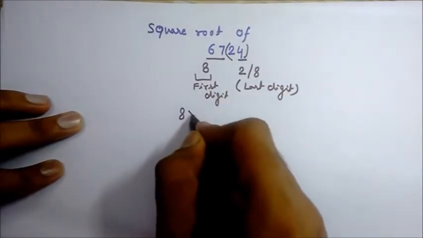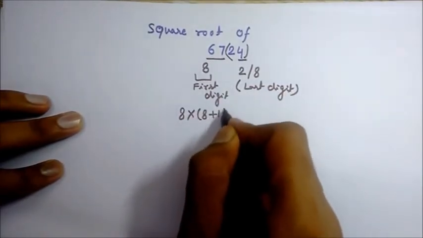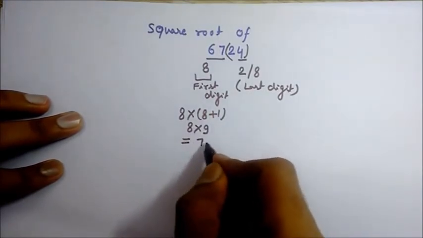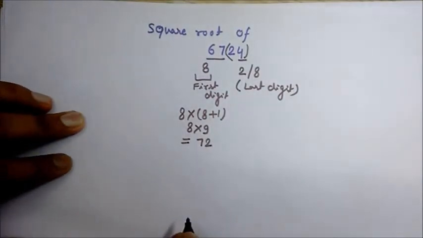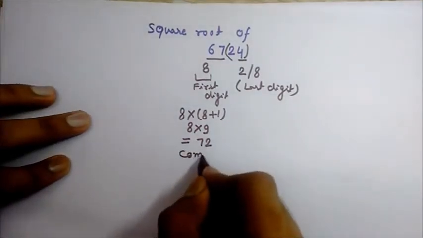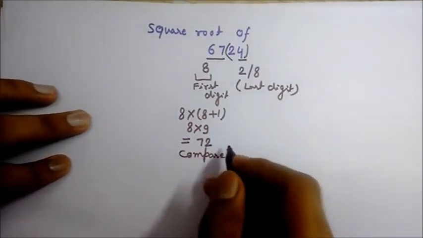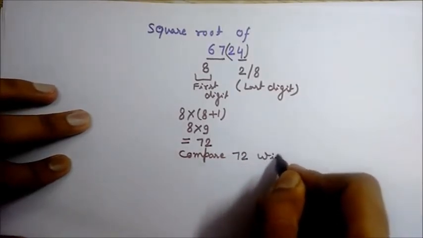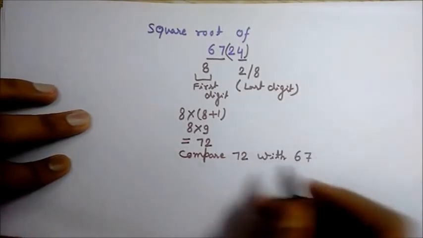Now perform 8 into 8 plus 1, that is 8 into 9, so it comes out to be 72. Now compare this 72 with 67.